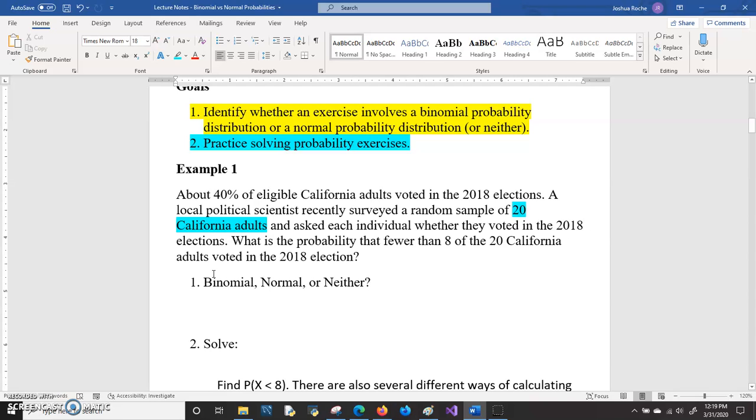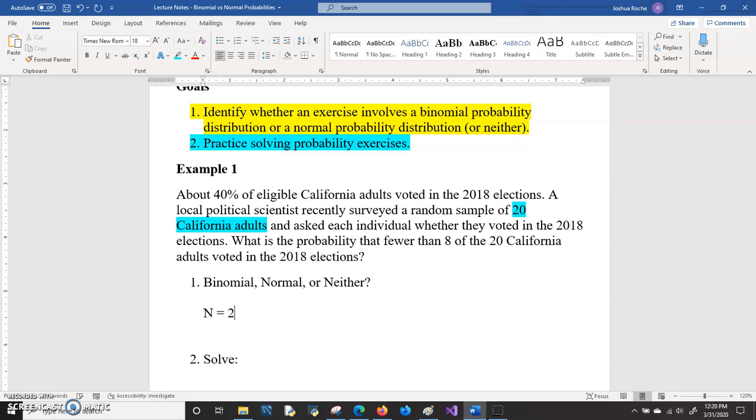What is the probability that fewer than 8 of the 20 California adults voted in the 2018 elections? One thing to note is this is a sample of 20 California adults, so our sample size is 20. Another thing to note is the 40%.